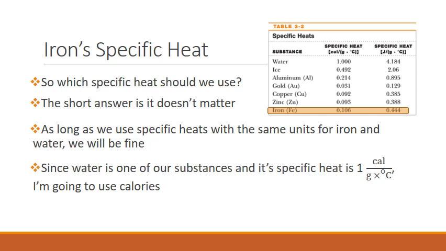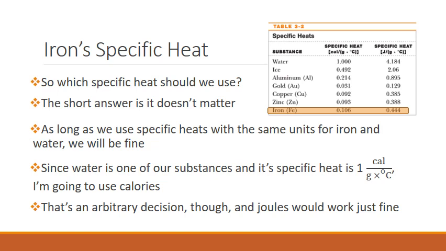I'm going to pick calories because water is one of our substances and the specific heat of water is 1 calorie per gram degree C. So that's going to make the calculations easier. It's arbitrary though. You could use the joule values and still get the correct answer.